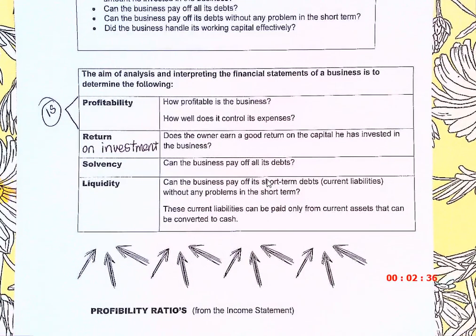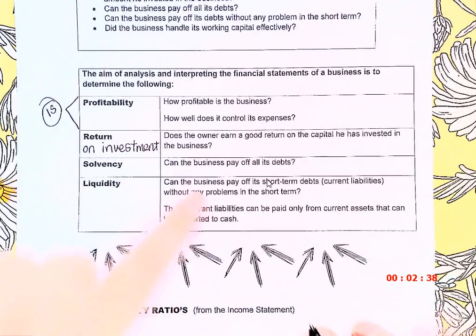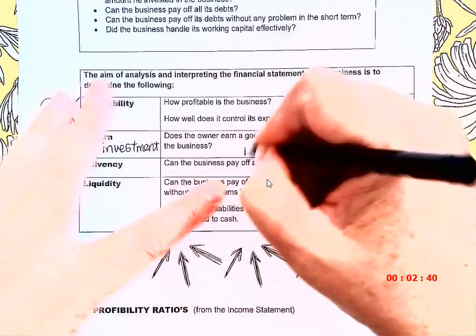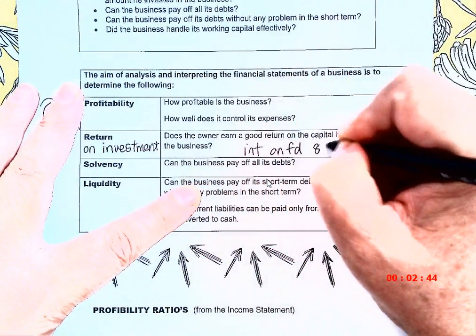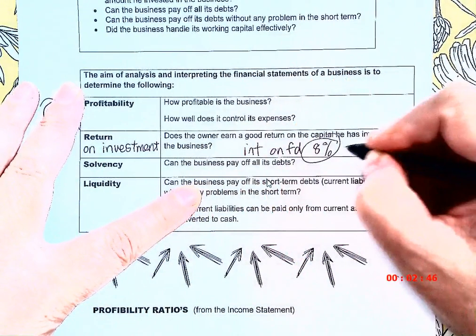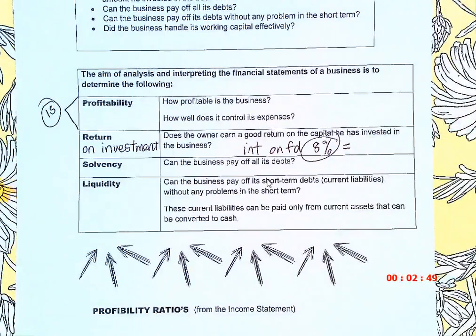That interest on the fixed deposit, in other words, if I say to you, the interest on fixed deposit is 8%. That 8% is the return on investment. You see? Meaning you're getting 8% extra back with that which you put in. So that's an important ratio.